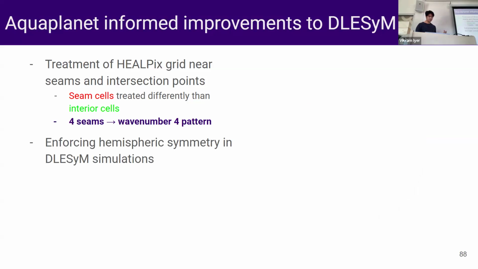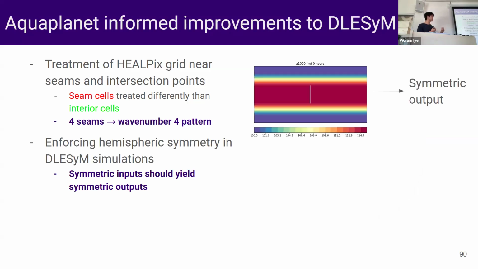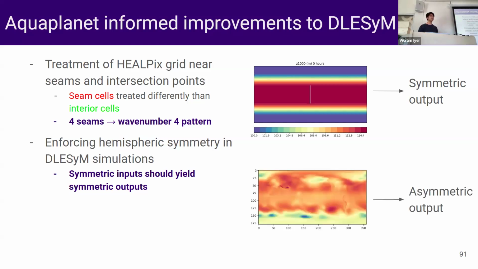We also noticed that the simulations were not symmetric in the northern and southern hemisphere, even though the initial conditions were. And so I thought, is there a way that symmetric inputs should yield symmetric outputs in the model? And I found that there was a way in the machine learning architecture to ensure that if the model sees a symmetric input, it should give a symmetric output. But if it sees a real world weather state where the input is not symmetric, then it should give an asymmetric output.